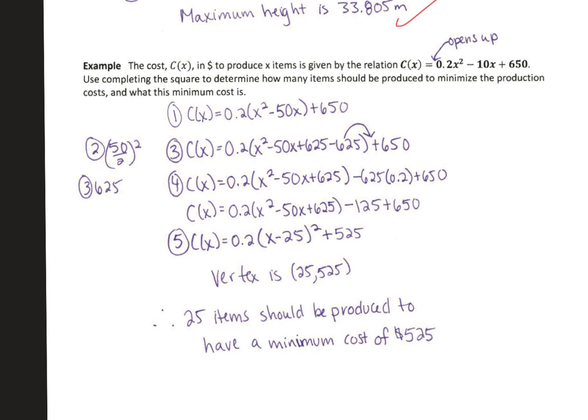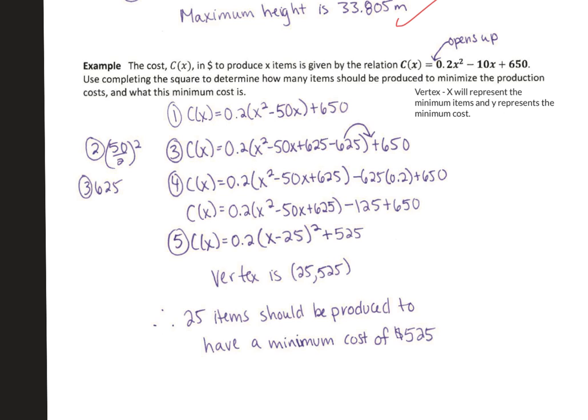Okay, so recognizing here that from our vertex, x will represent the minimum items and y represents the minimum cost. So we need to find our vertex.